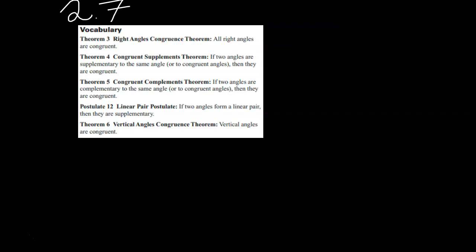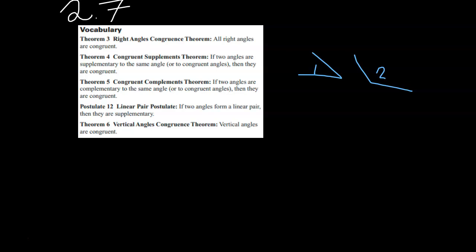We are going to do a proof here, but I'm going to prove theorem 6 with you. Theorems 4 and 5 are very, very similar. Theorem 4 just says that if I have, say, angle 1 and angle 2 add up to 180. They could be next to each other, they don't have to be.